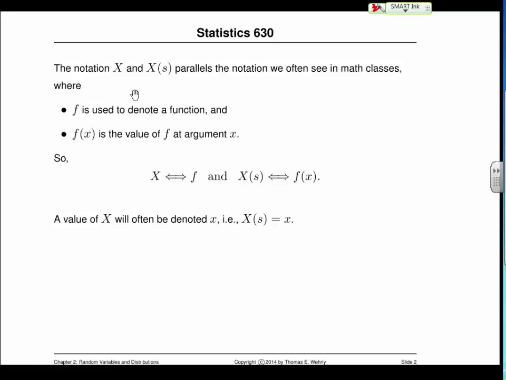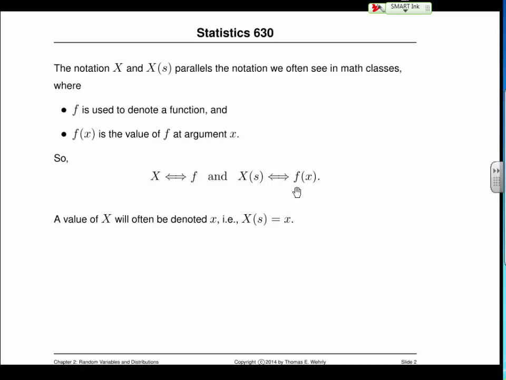And so f of x is just a number that we associate with x. Often we let little y equal f of x. So y is just another number that f maps x into. Well, for us, we have capital X, and our point in the sample space, X of s, is a number that the random variable associates with the outcome s.